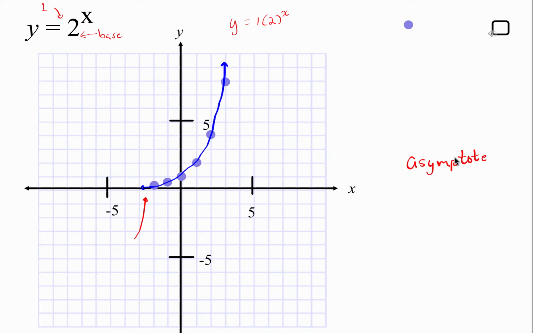All right, so the asymptote is a line that a graph gets very, very close to, but it doesn't touch.